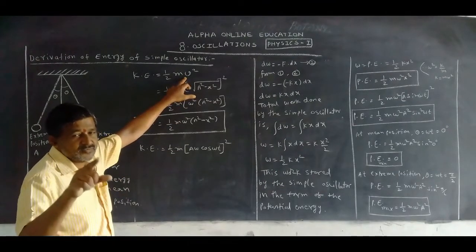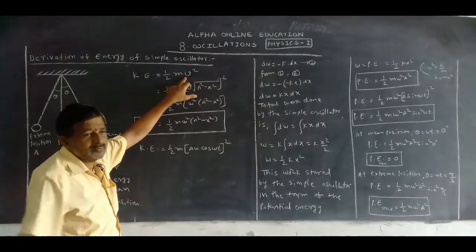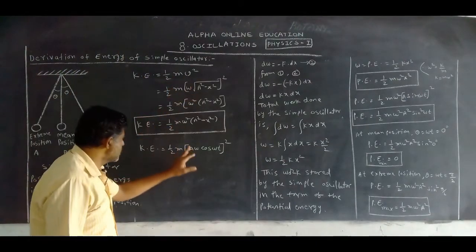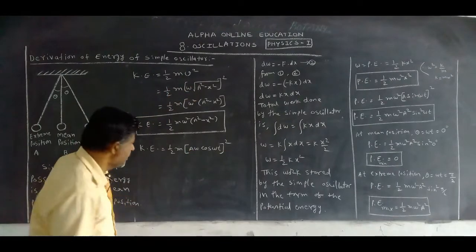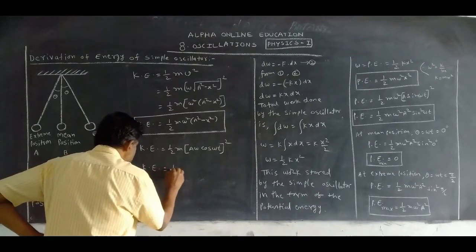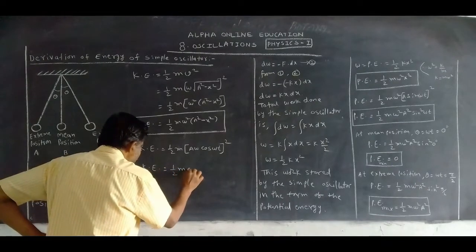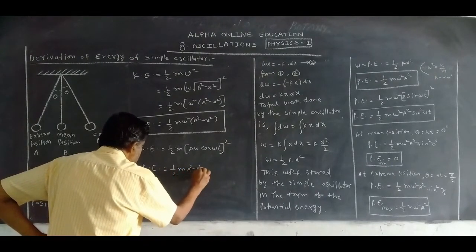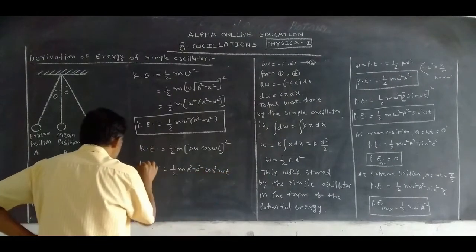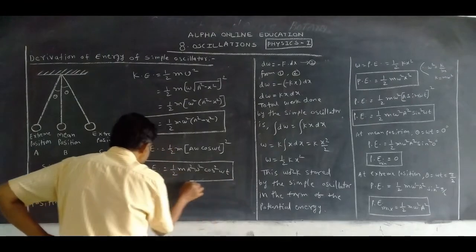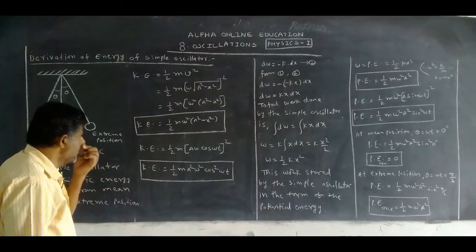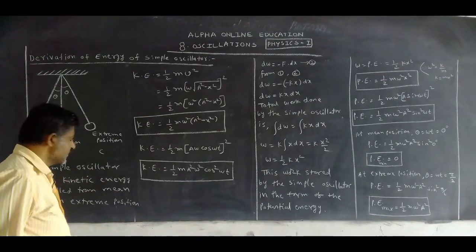We also proved it in the circular motion of a particle with uniform velocity. V is equal to a omega cos omega t. So kinetic energy is equal to half m a square omega square cos square omega t. This is the equation for the kinetic energy of the simple oscillator.